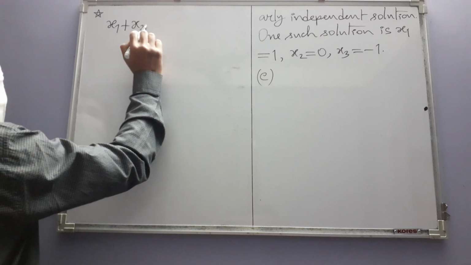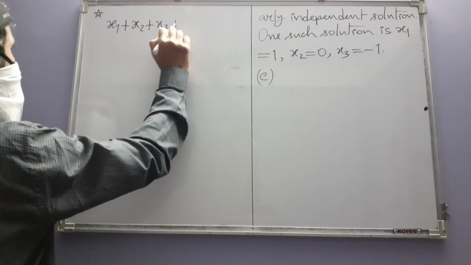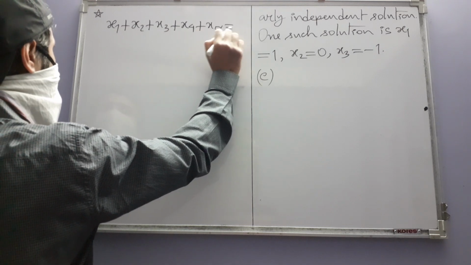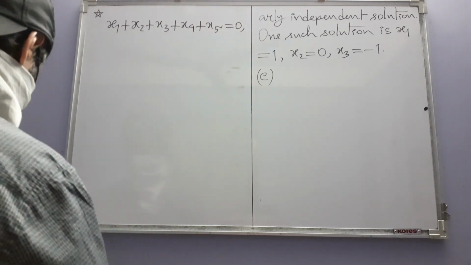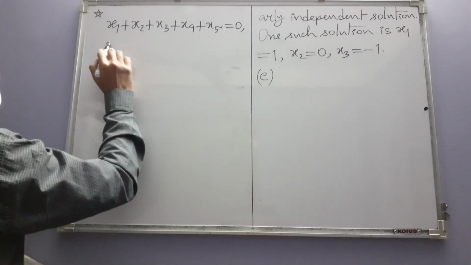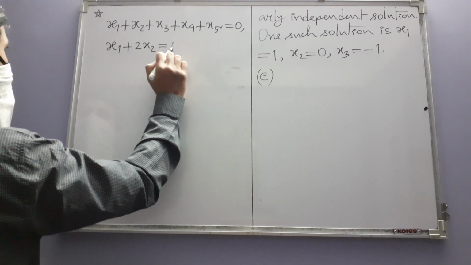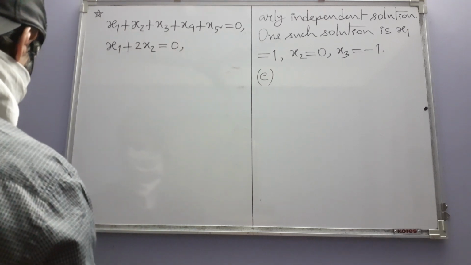The first one is just the sum of all the variables. Then the second one is small, x1 plus 2x2 is equal to 0.